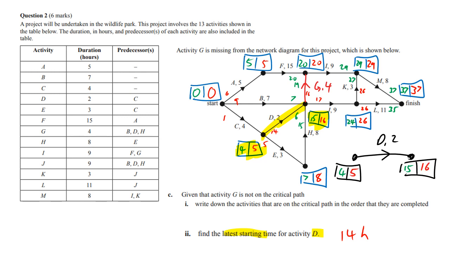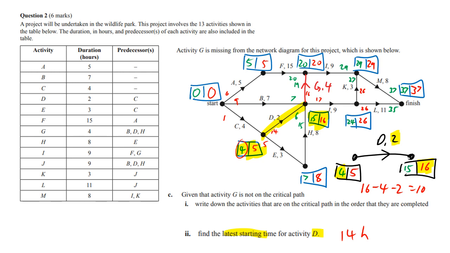Now you can do the float. The float, you can do this one minus this one minus this one. So if you do 16 minus 4 minus 2, you'll get 10. So we know the float for D is 10. And if you've got a float of 10 and you're starting at 4, then the 4 plus the 10 will give you the 14.